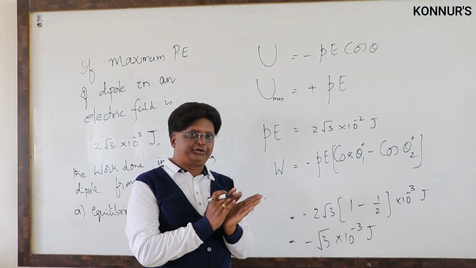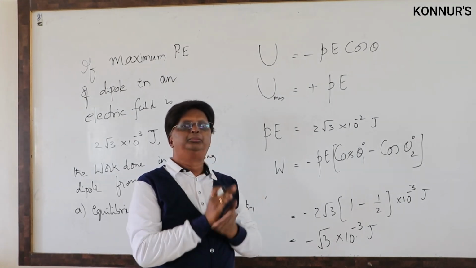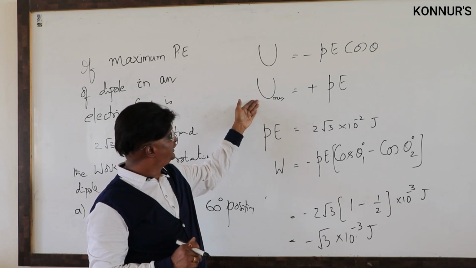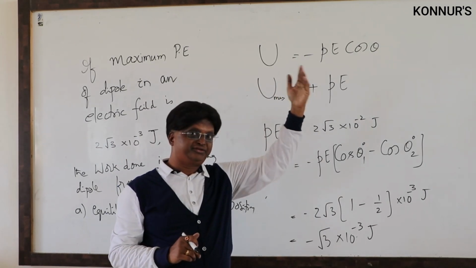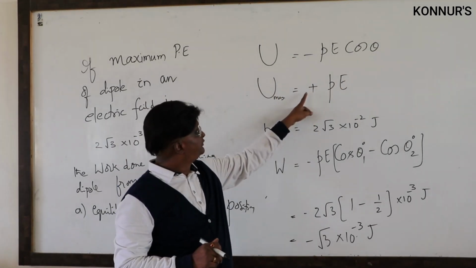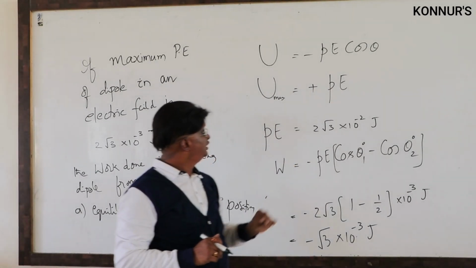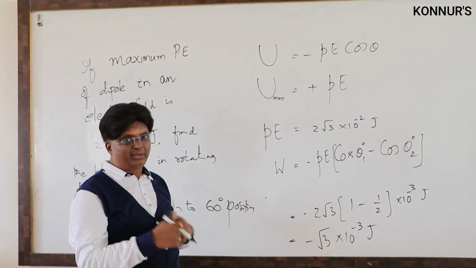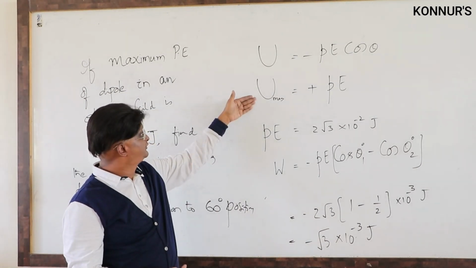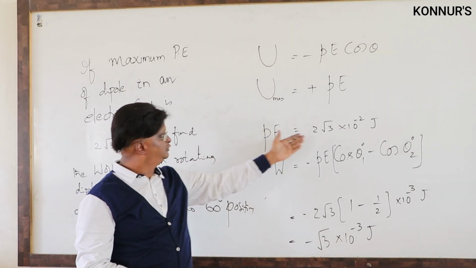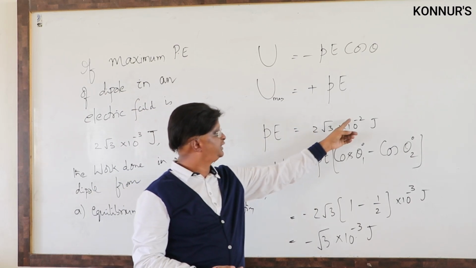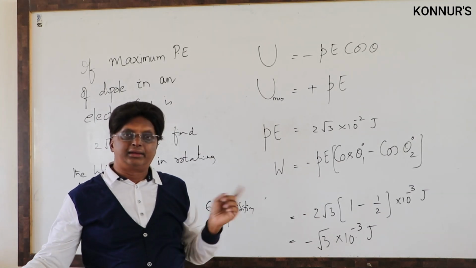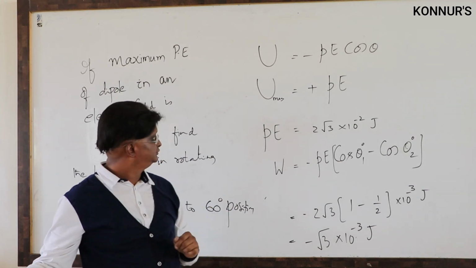Now we have recollected all those things and a very beautiful figure as well. U maximum, as we stated yesterday, for theta equal to 180, unstable equilibrium, becomes plus P E. Now, we use this for the data. The data says maximum potential energy, so maximum potential is P E, the value now given to be 2 root 3 into 10 power minus 3. That is how we are recollecting our concept.